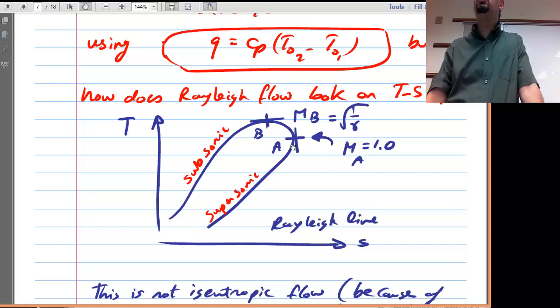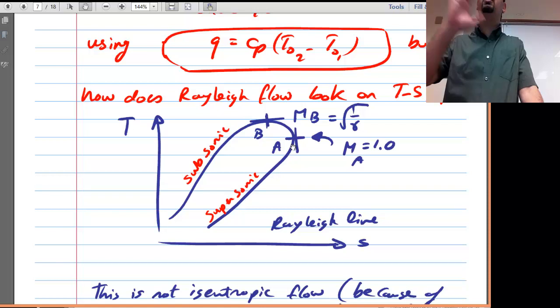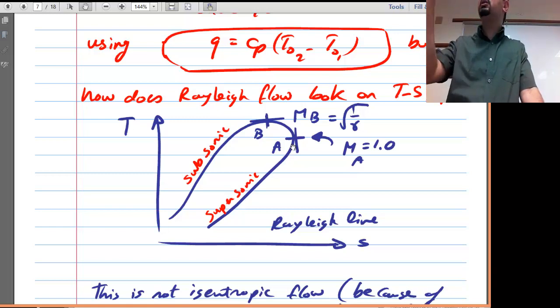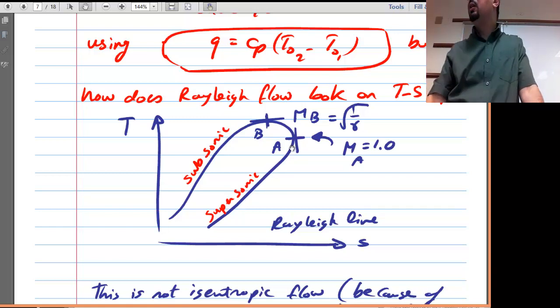And if I cool down, there is no friction, meaning the only reason why the entropy will change is because of the heat transfer. Then entropy can change for two reasons, irreversibility and heat transfer. So heating will take me this way, and cooling will take me that way. It will decrease the entropy.